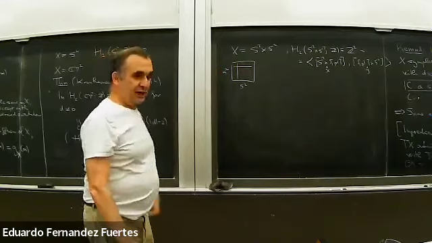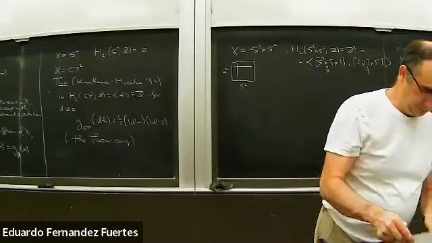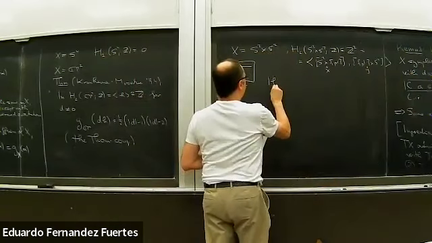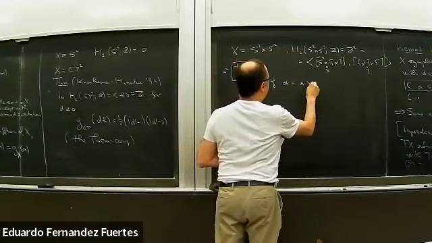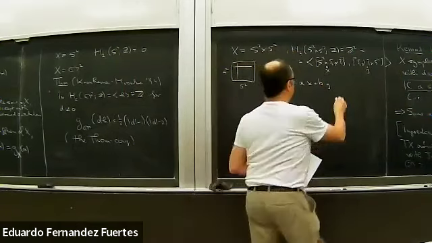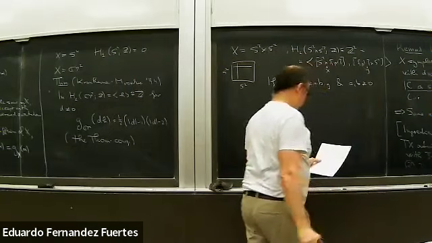Okay, so what are the genera? And here's the formula. Suppose alpha is A times X plus B times Y, and A, B are both non-negative.